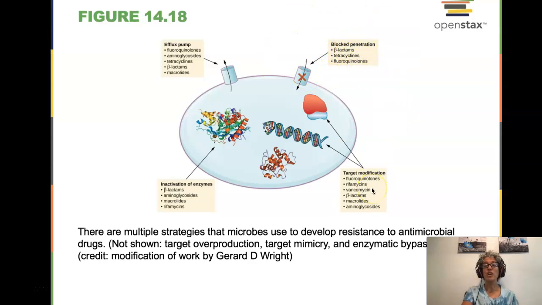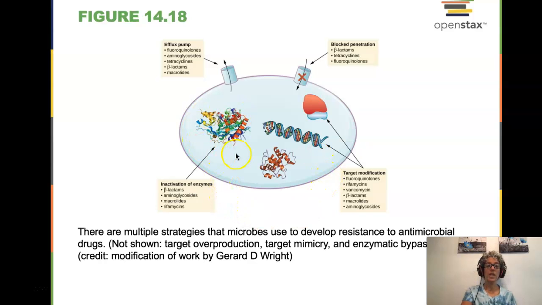They can modify their targets. Slight changes in which protein or which RNAs are in the ribosomes will block the drugs that act on the ribosomes. The DNA, we're not going to mutate it, but it can fold differently. It can have proteins bound to it, and then that means the drugs that target ribosomes or that target the DNA can no longer act.